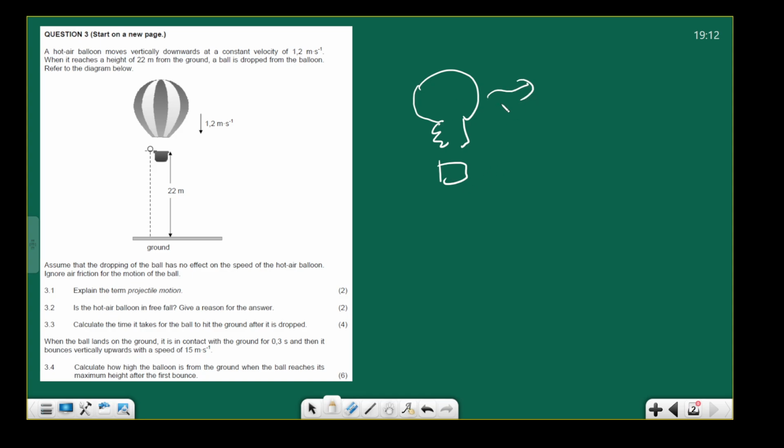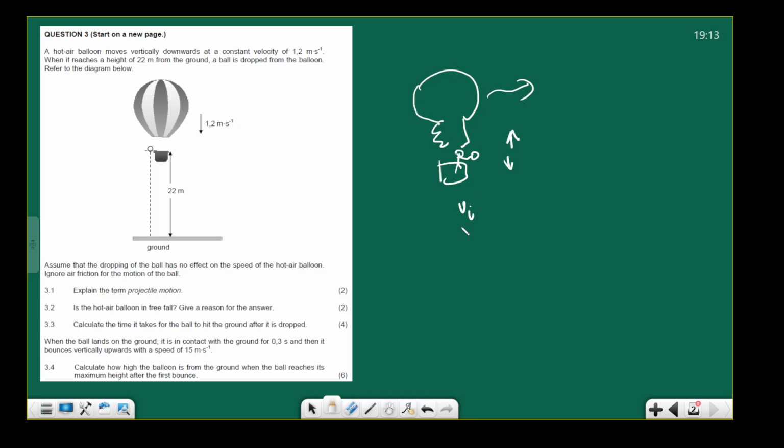So while it is moving, someone inside would maybe throw a ball or an object upwards, or throw the object down, or drop it. Because you're working with a hot air balloon, what is only going to be affected is the initial velocity. The rest of the calculations you do exactly the same.